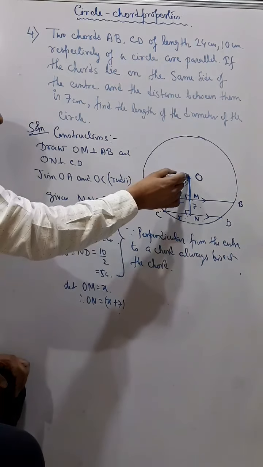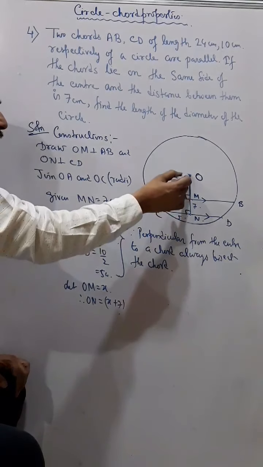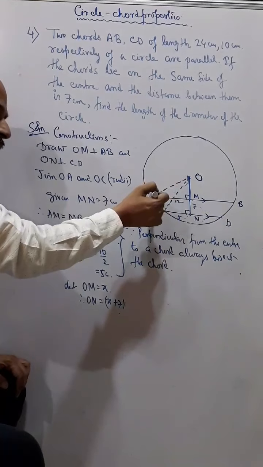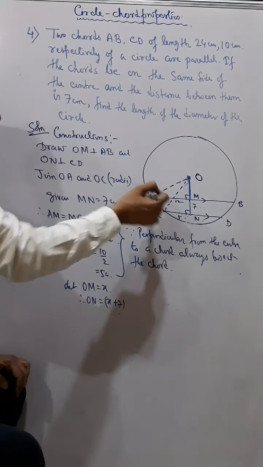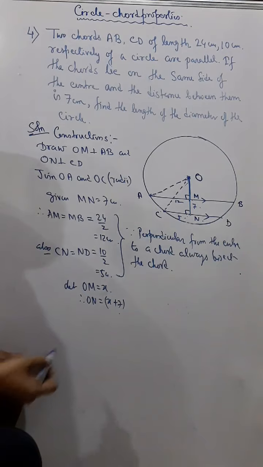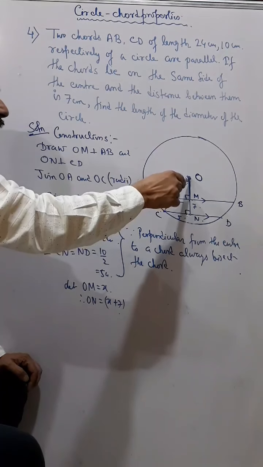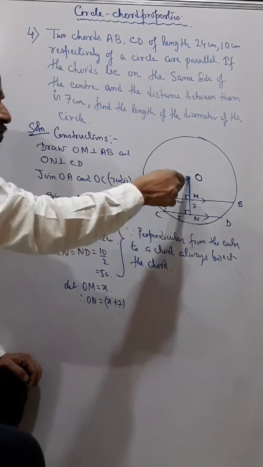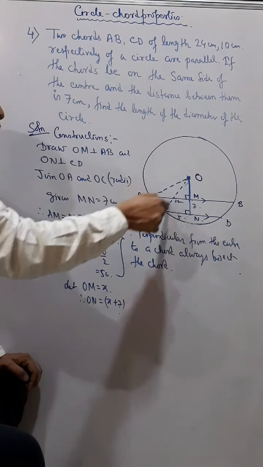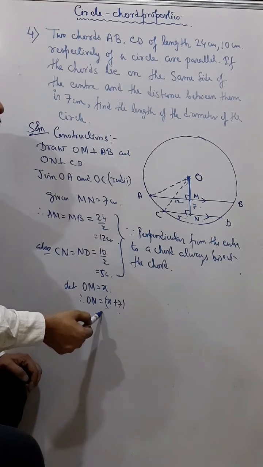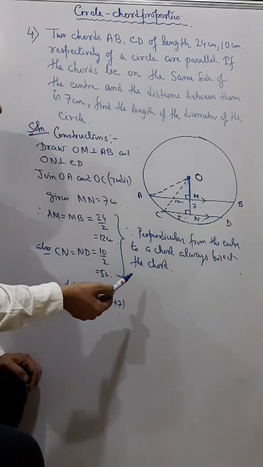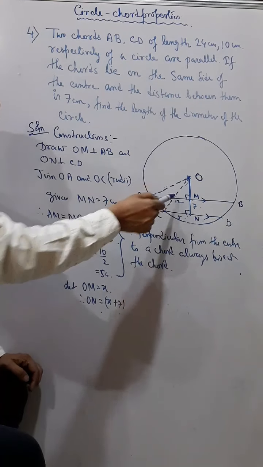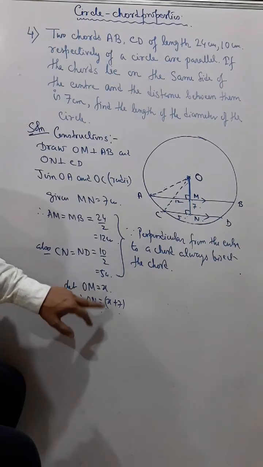So now I can use this triangle OAM and I can get OA square. And similarly, in triangle ONC, I can get OC square in terms of x. And technically OA square is equal to OC square because both are the radius.